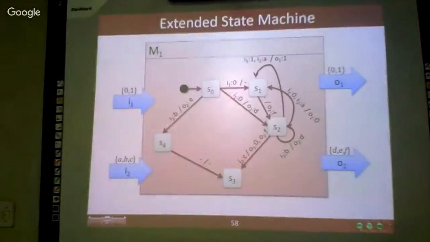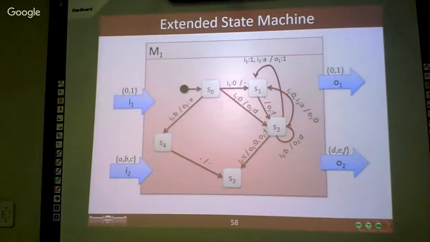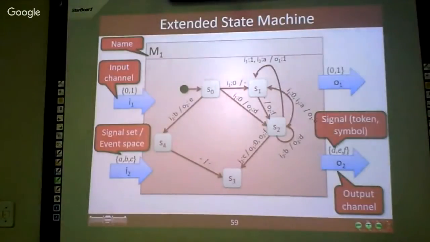So just to see a simple example of how you can imagine it, here is this extended state machine. It has a name. Here you can see an input channel with a signal set, with an event space, and the output channels with the signals and token symbols.